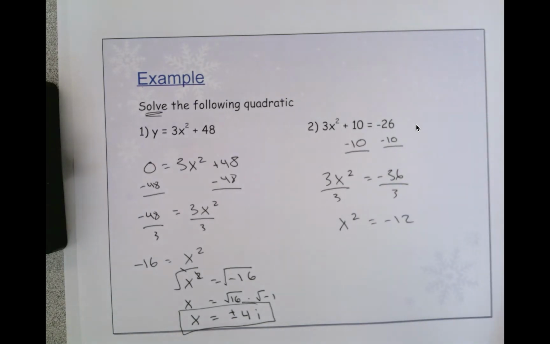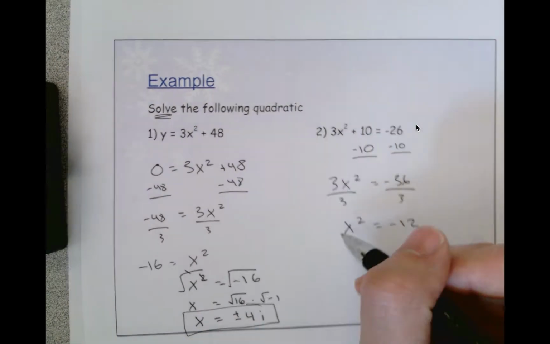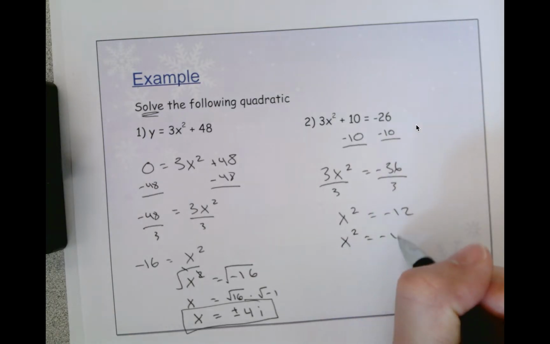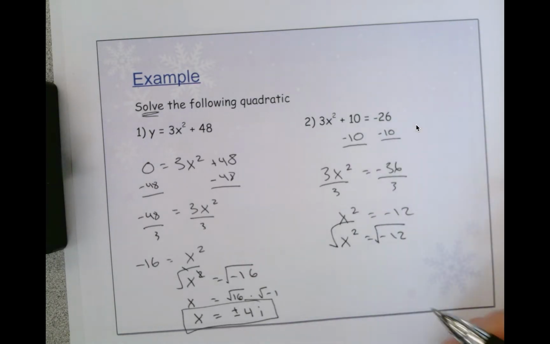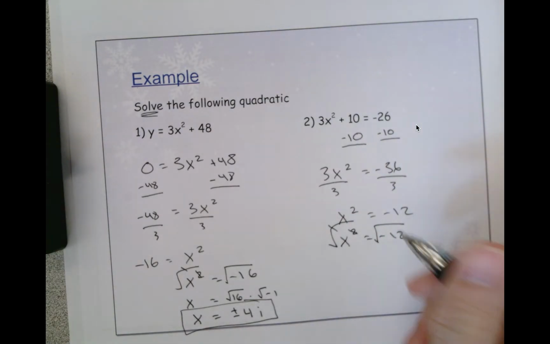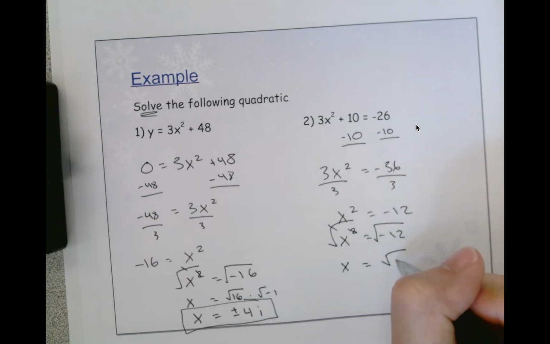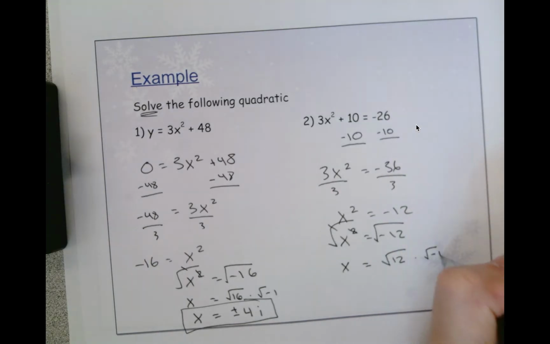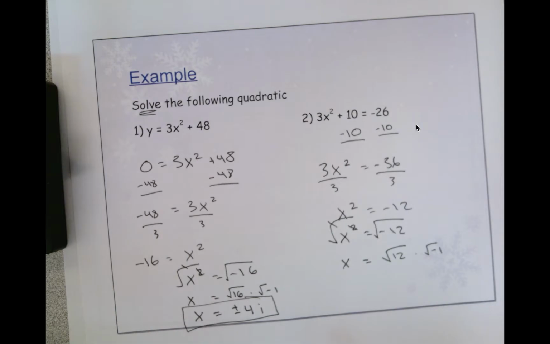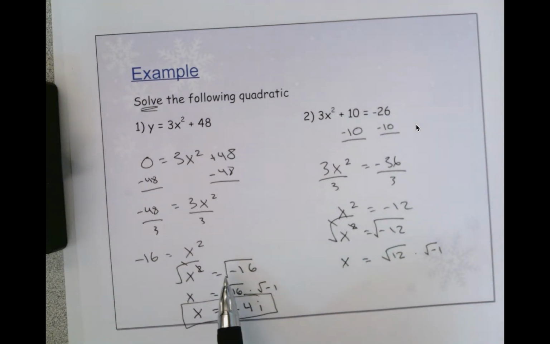Now, at this point, this is where things are going to be a little bit different. Just like we've been doing, take the square root of each side. That's going to cancel out our square term over here. Now, if I look at this, I'm going to break this up into 12 and the square root of negative 1. Now, the square root of 12 doesn't break down so nicely like we had over here where we had 16 and in the previous example where we had 64.